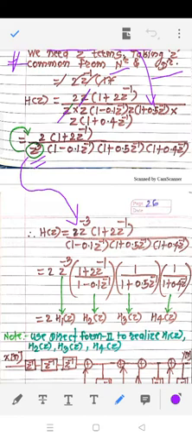Now we should split as per our discussion regarding this cascade structure. We should divide H of z into smaller groups of filters. This is our first group, this is our second group, this is third group, and this is fourth group.